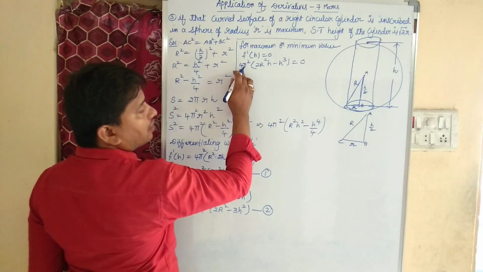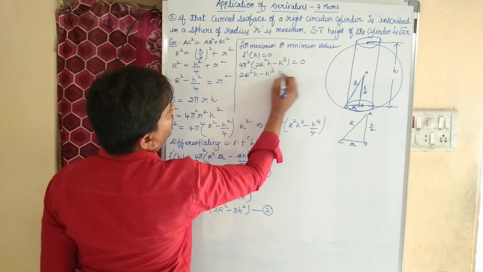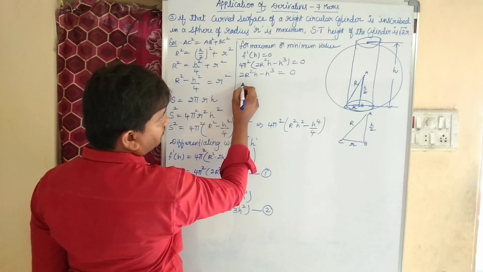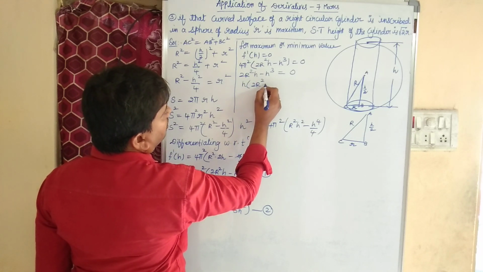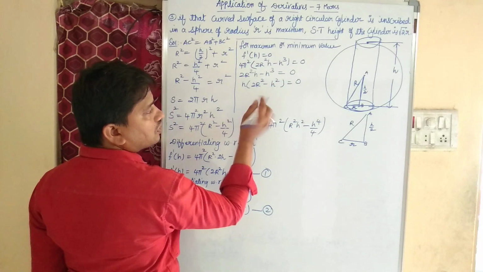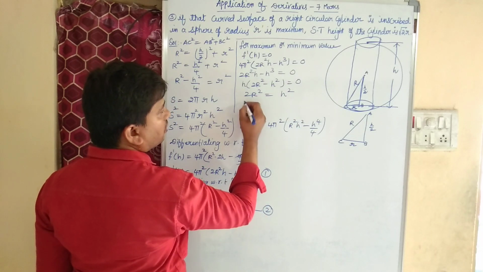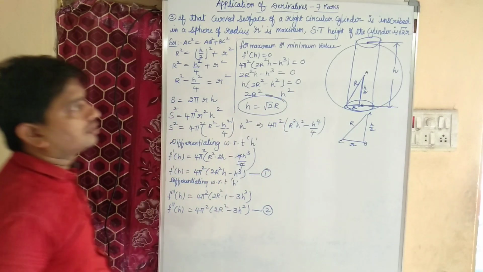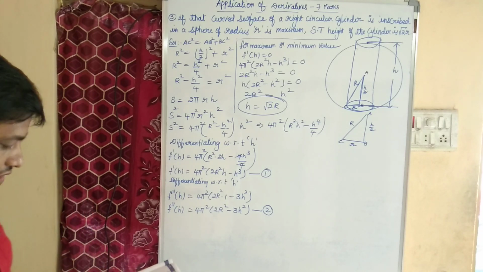Here 4 pi square is multiplying, transpose, you get 2r square h minus h cube equals 0 by 4 pi square, 0 only. So I can take h common, then I get 2r square minus h square equals 0. Again 2 is multiplying, transpose, it becomes 0. So 2r square equals h square. Square transposed, it becomes root 2r. What is the height of the cylinder? Root 2r. Yes children, we got h equal to root 2r.